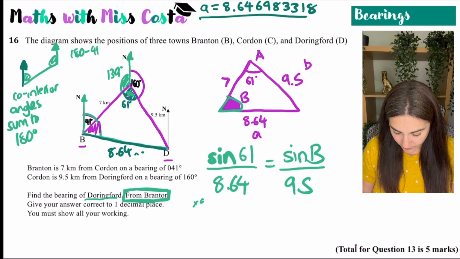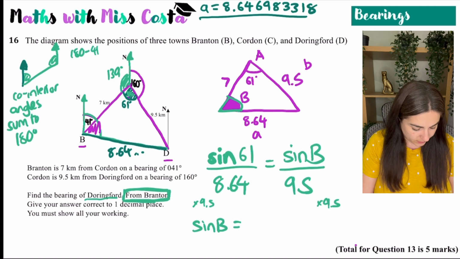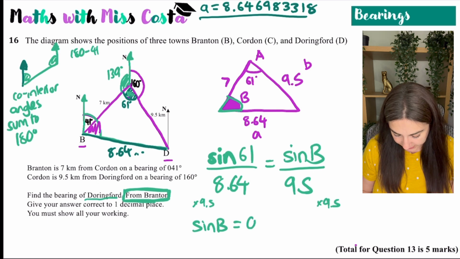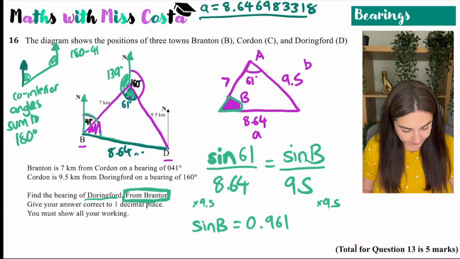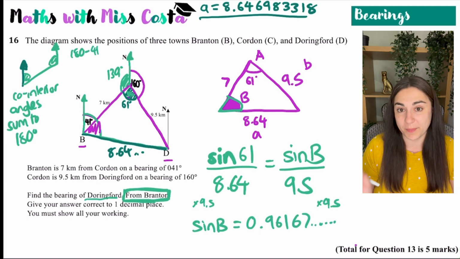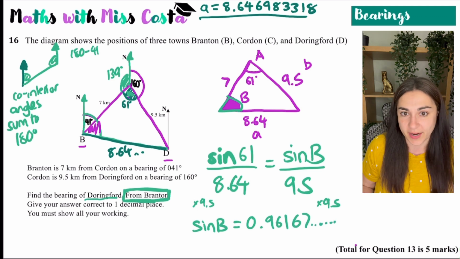So if I multiply both sides by 9.5, sine B is going to be equal to sine 61 over 8.64 times 9.5, which is 0.96167, and so forth.